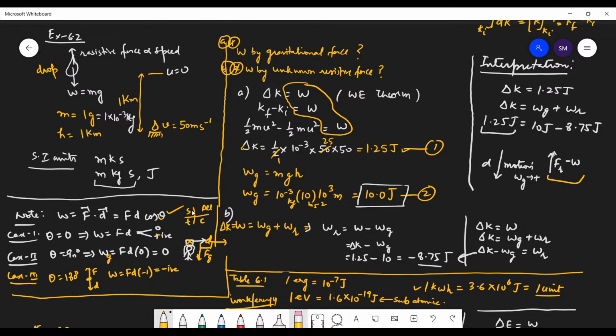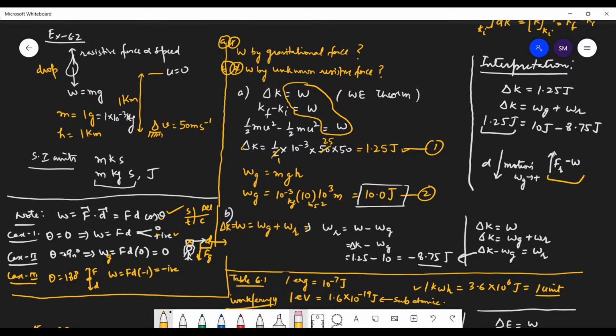In the second quadrant sine is positive and cos is negative. That is why in the first quadrant, 0 to 90 degrees, the work is positive, and in the second quadrant, from 90 to 180 degrees, the work done is negative.